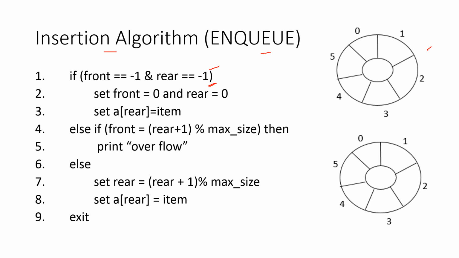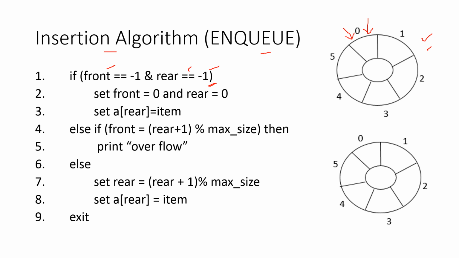If this is the situation, that is, it is empty, both front and rear are -1, and we are going to enter an element, both rear and front will point to the 0th location.